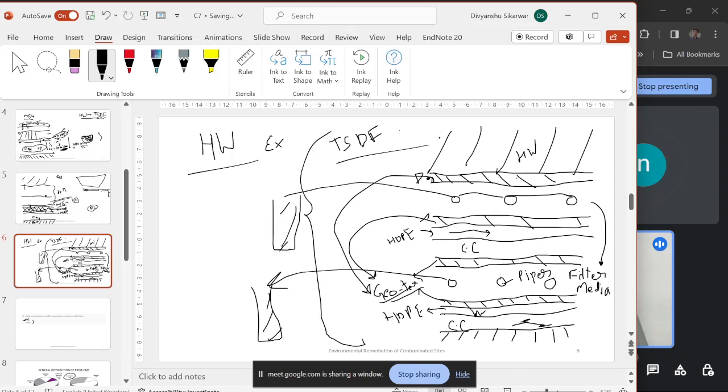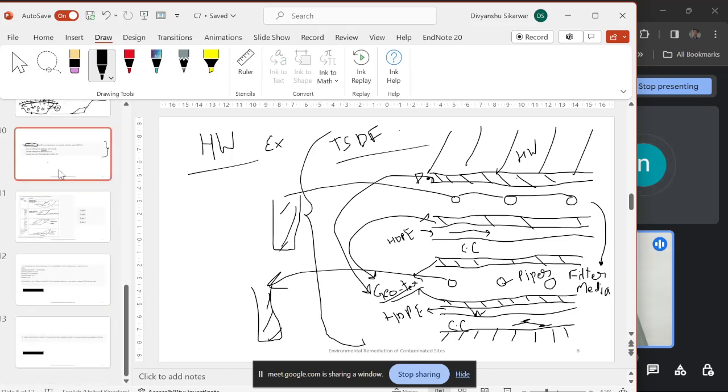What was this layer for? To prevent lateral movement... Basically to prevent fine particles or small particles from entering this filter media, so that it doesn't clog the filter media.